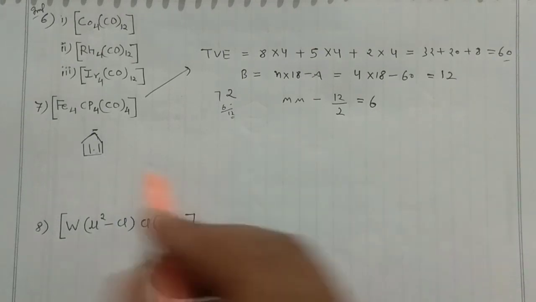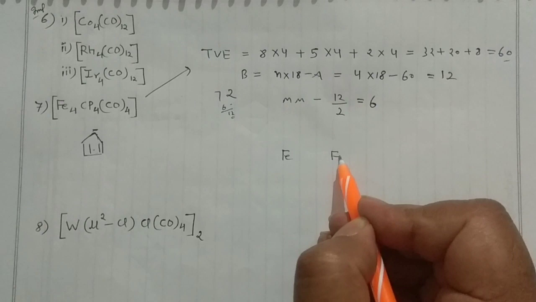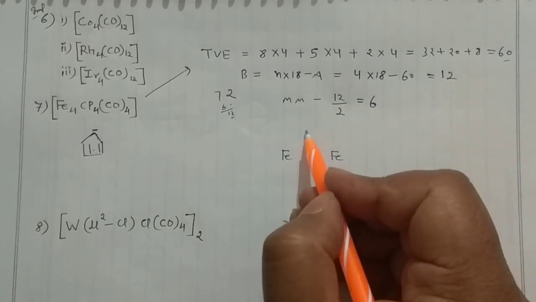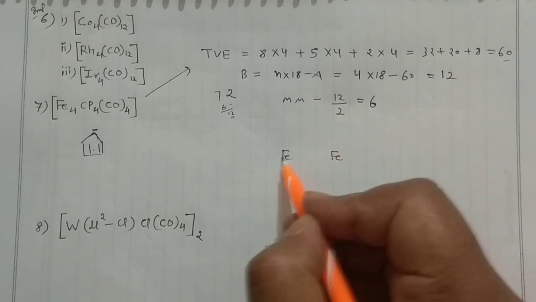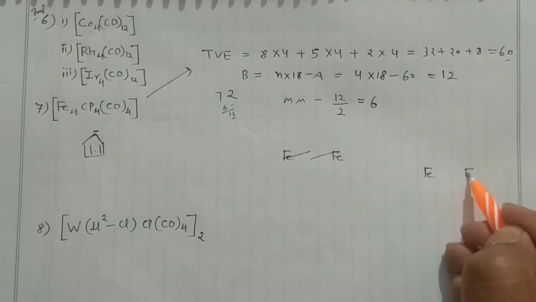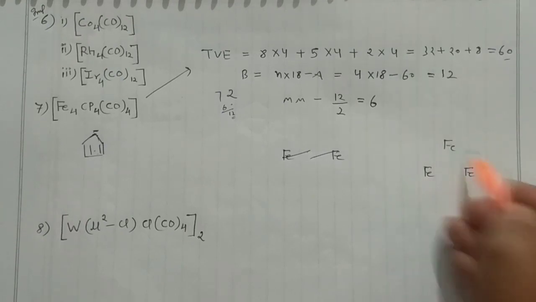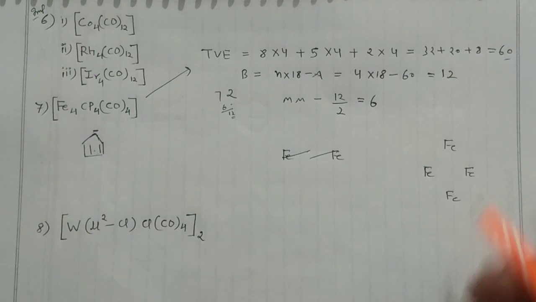So how can you connect the 4 irons? This is Fe, this is Fe, this is Fe again, this is Fe again. Only 4 metals are there.